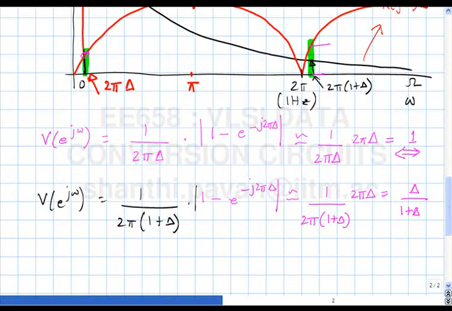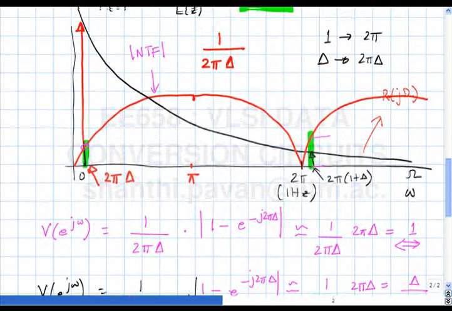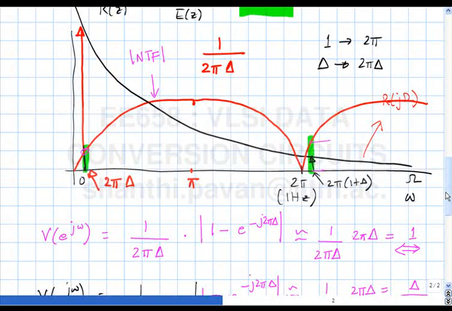Does it make sense? So in other words, the alias rejection can be defined as the response due to a tone at delta to the response due to a tone at 1 plus delta, which corresponds to the first alias band, okay, and can be graphically figured out. See, the NTF is a common factor in both calculations, correct.